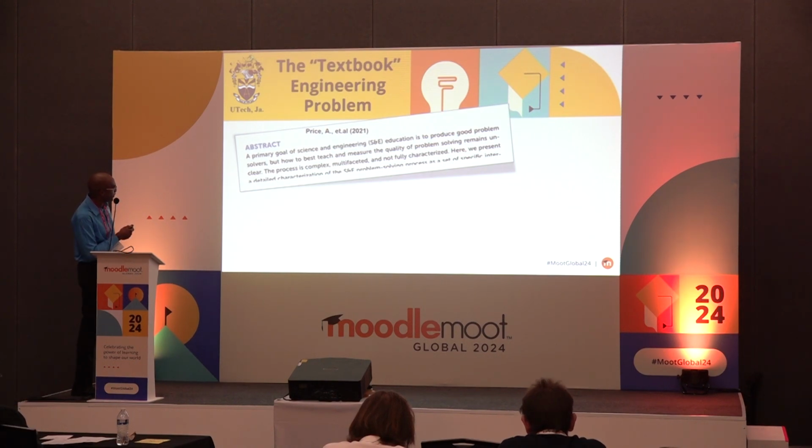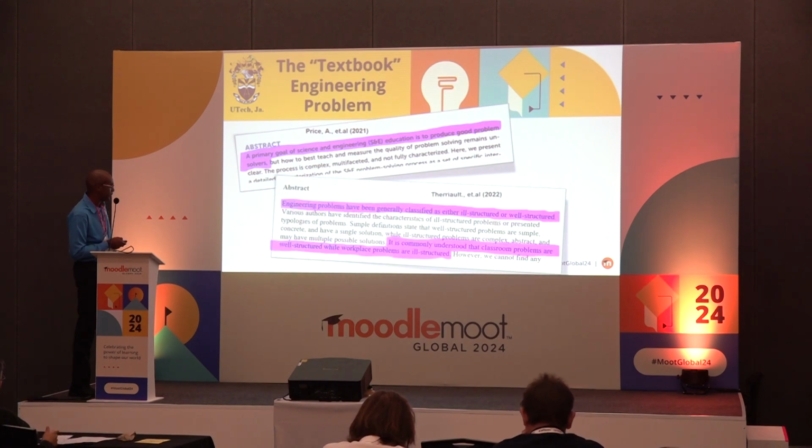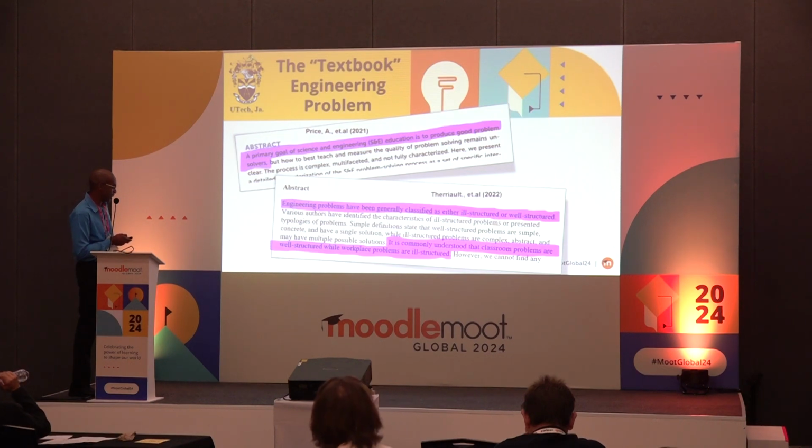This is an instructor from Stanford University. He says here that science and engineering education, one goal is to produce problem solvers. Okay? And another from the University of Florida mentions two types of problems.